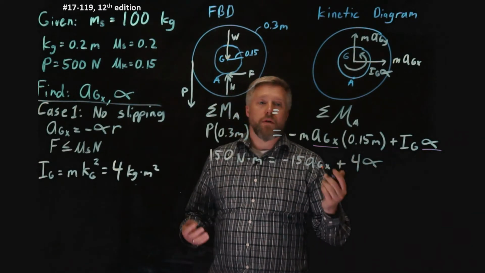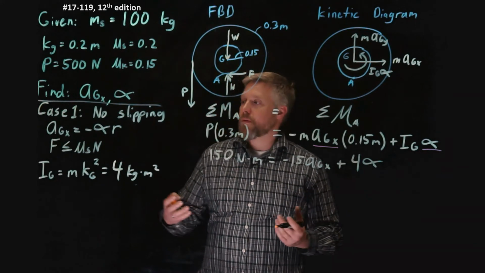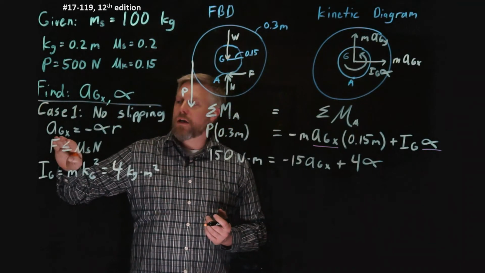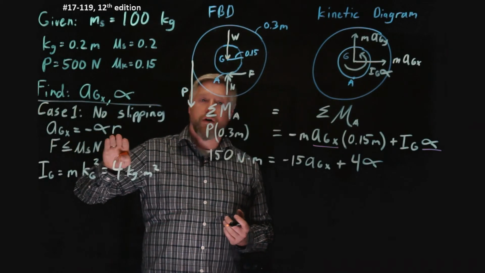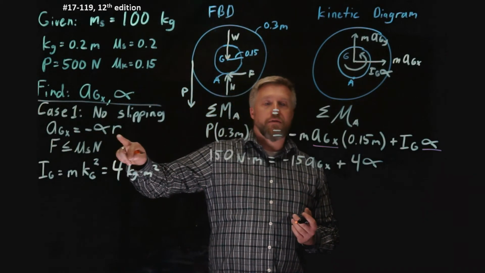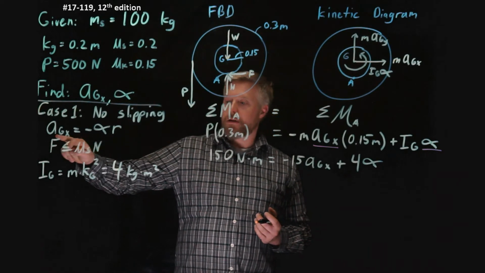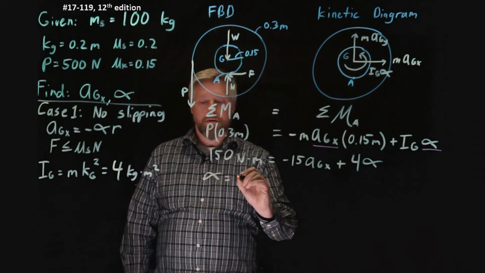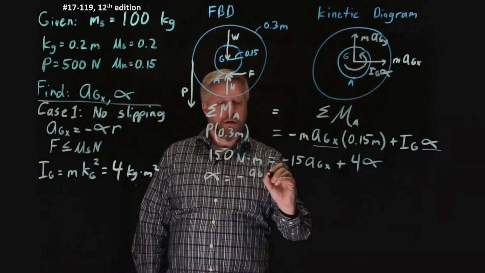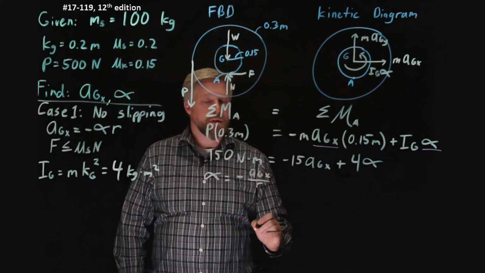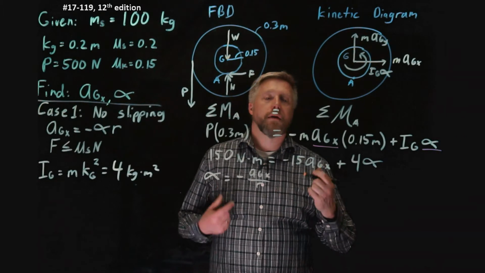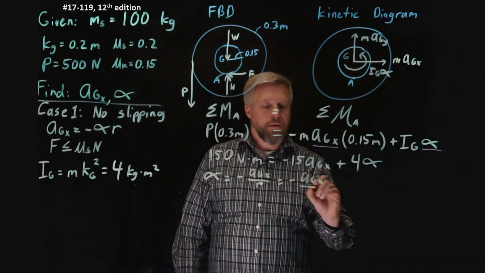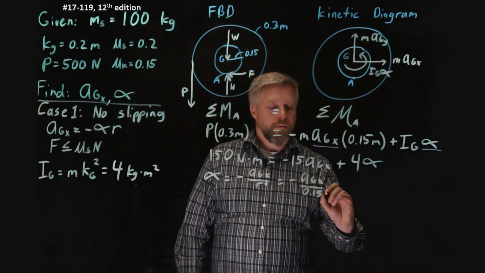And this is when we go to our case and we say, well, our case 1 says no slipping, and we know if there is no slipping, our AGX is going to be equal to negative alpha r. I'm going to go ahead and solve for AGX first, so I'm going to rearrange this and say that I know alpha is equal to negative AGX over r. And what's r? The inner radius, 0.15. So that's equal to negative AGX over 0.15 meters.